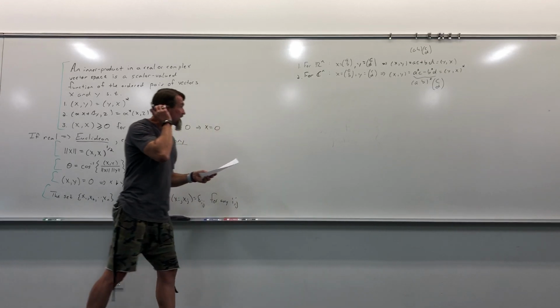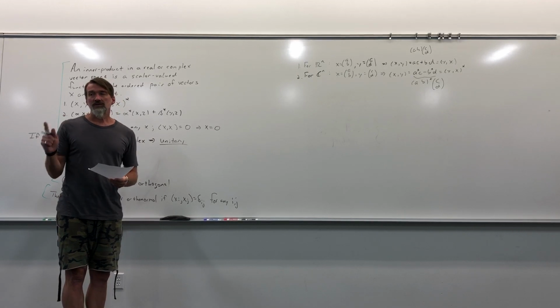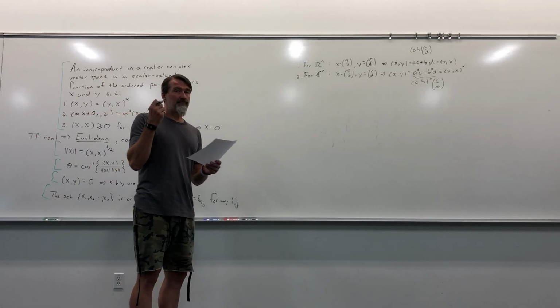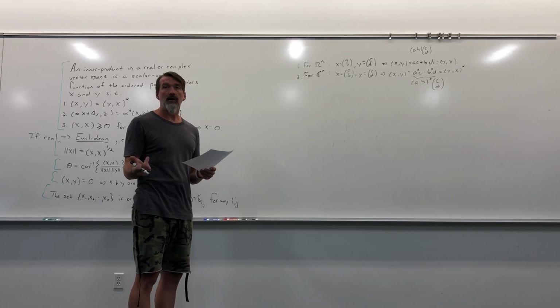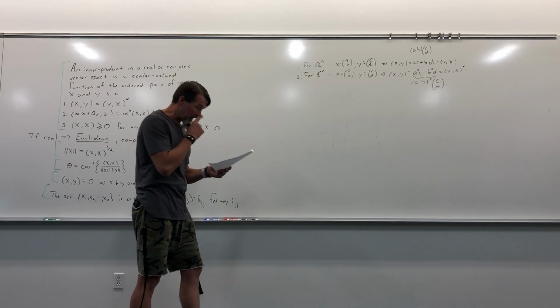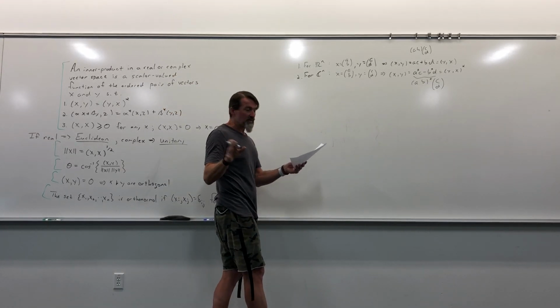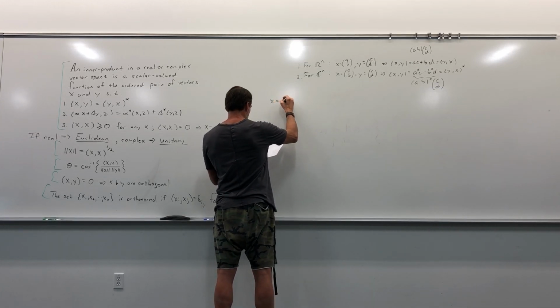Now, in 1 and 2, so in these two definitions, I want you to bear in mind something. We're using a set of basis vectors that are essentially orthonormal. They're orthogonal and they have unit length. And I'm going to be really explicit about this. This is really kicking it back to Calc 1 or 2 or Physics 100.